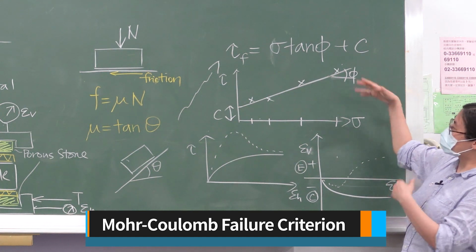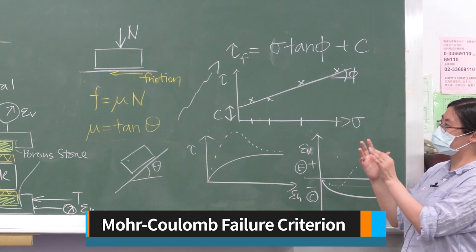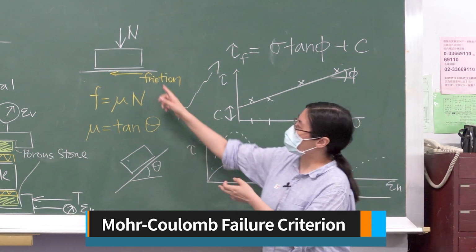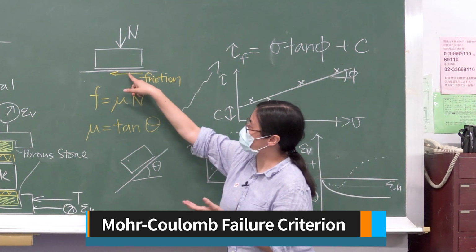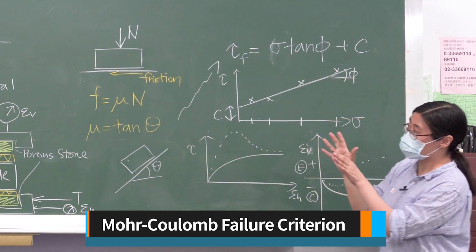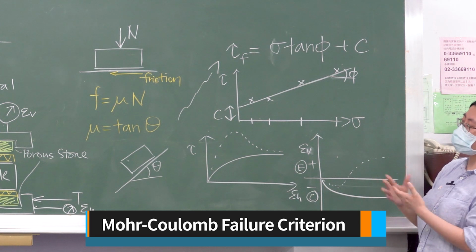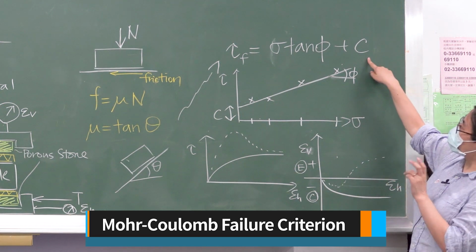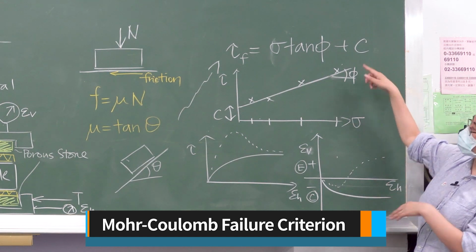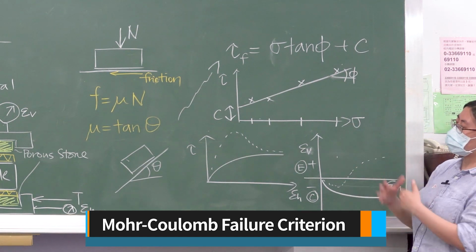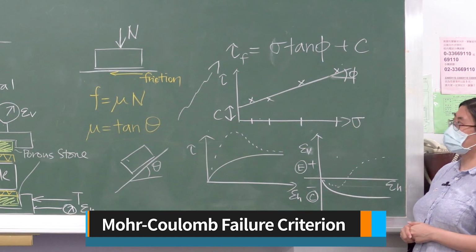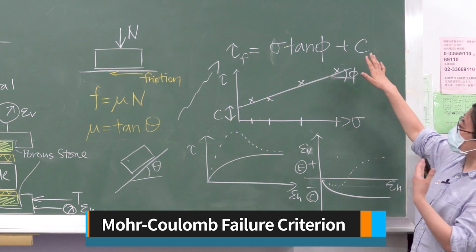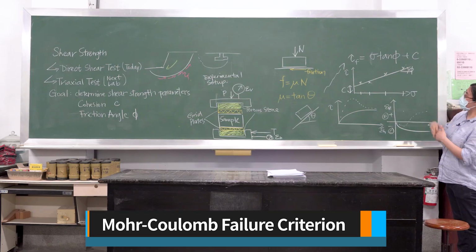It would be similar to putting some glue at the surfaces. If you have some additional glue at the surface, then it will provide additional shear resistance. So we will use cohesion to describe this type of shear resistance. Cohesion does not have to do with the normal force.